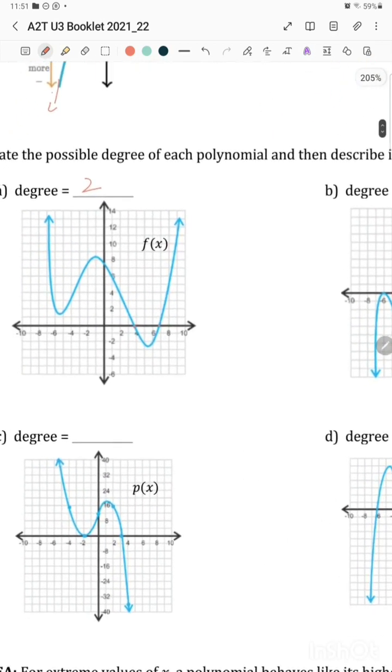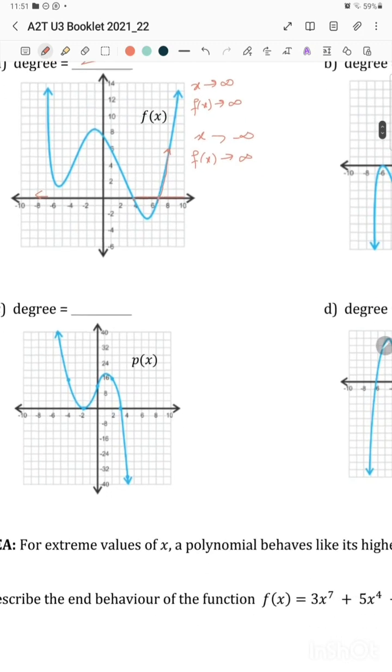Okay, so as x is going towards the positive side, x approaches positive infinity, f of x is also going towards positive infinity. As x is approaching negative infinity, f of x again approaches positive infinity.